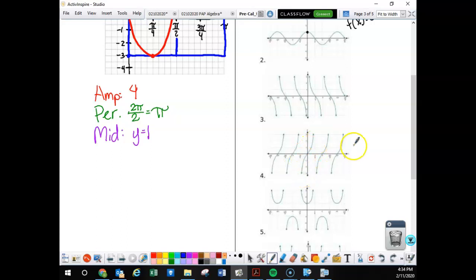So that means this one down here is going to be tangent. And this one is cotangent. Tangent is going up, cotangent is going down.